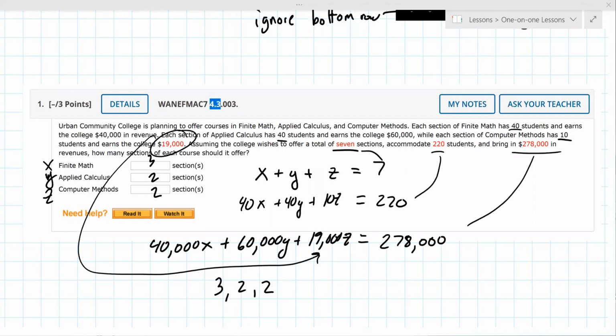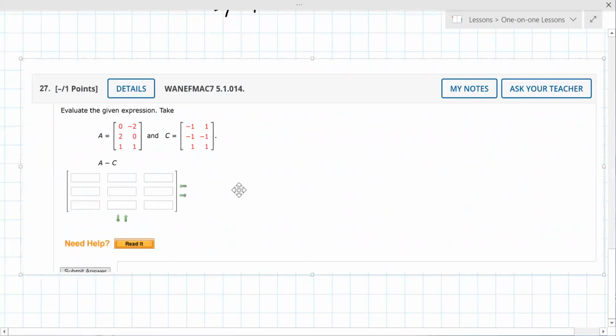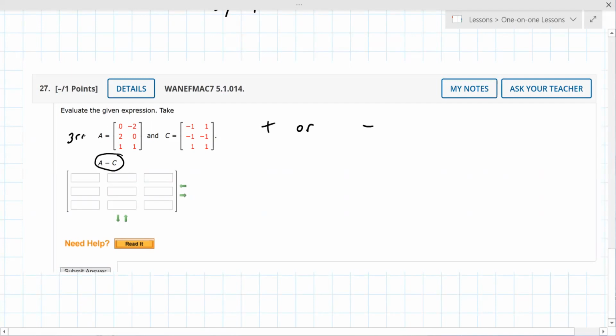So there's several different questions here for 5.1 because they're introducing you to matrices. So there's quite a few that they could ask. This one, I'll remind you, when you're adding or subtracting, which is the case here, your answer is the same size as these. So this is a 3-row by 2-column, so that means your answer is going to be a 3-row, 2-column.